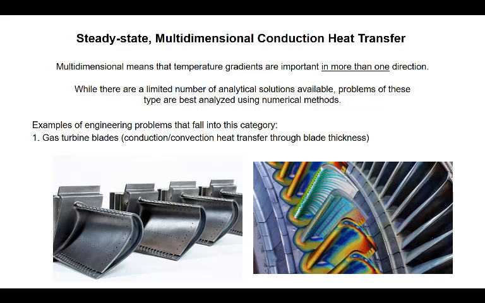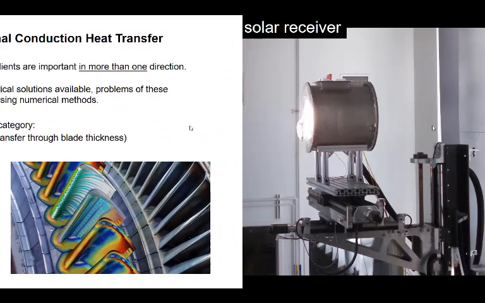The cooling channels provide for cool airflow that protect the solid material. In the picture on the right, you can see the result of a numerical solution to the cooling of these gas turbine blades. This numerical solution is similar to the one that you will learn about in heat transfer.